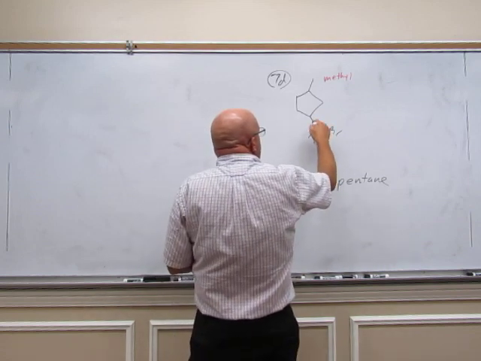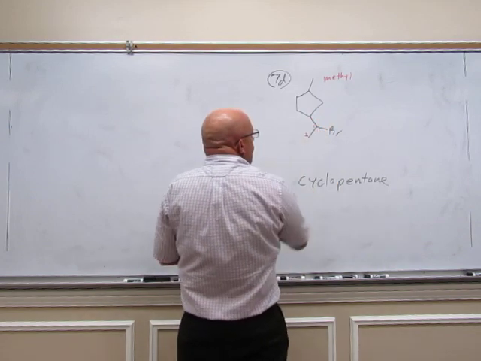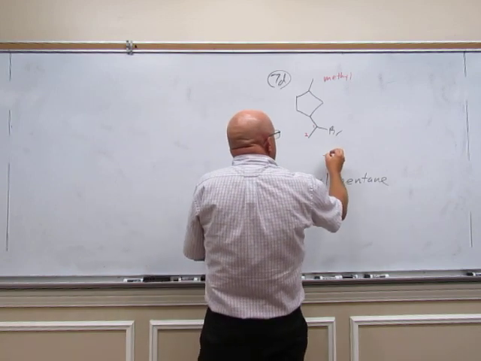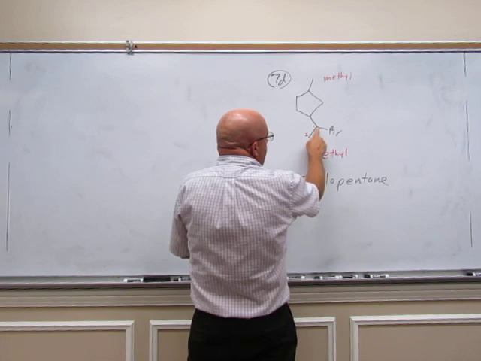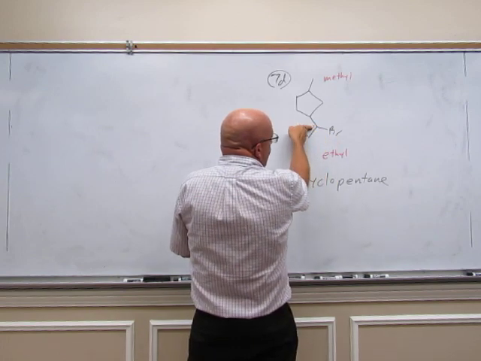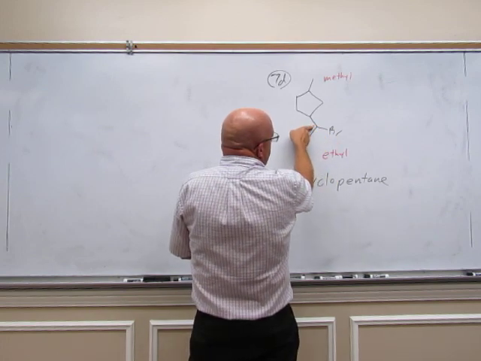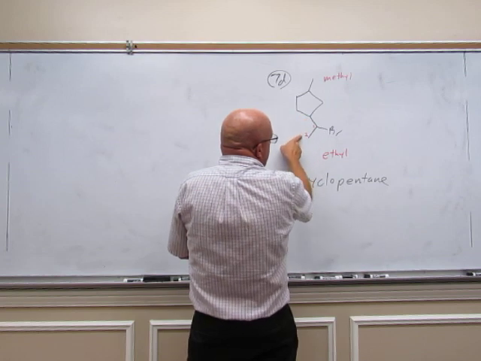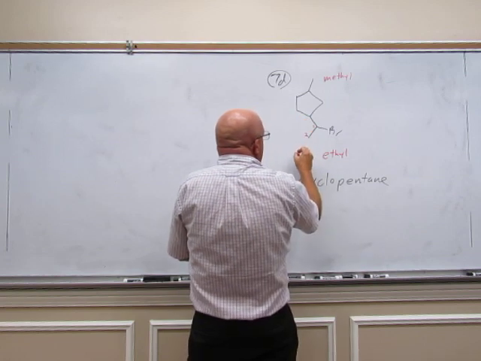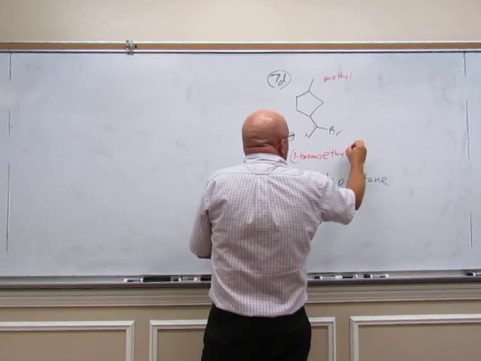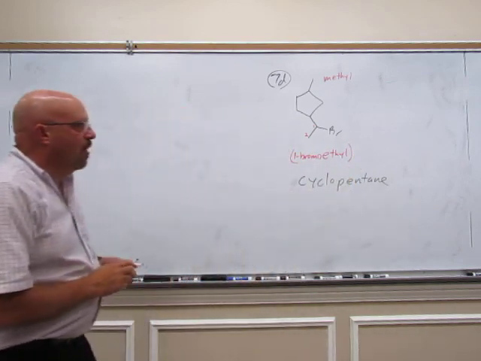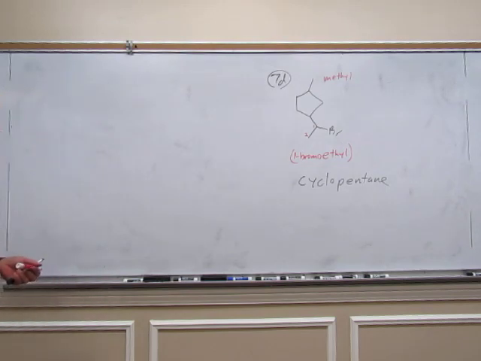Here, there are 2 carbons in that chain. That is an ethyl group. And then off of that ethyl is a bromo. So on carbon number 1 of the ethyl, we start numbering from the carbon connected to the ring there. Off of carbon number 1 is a bromo group. And we're going to put all that in parentheses so we know it's all one group. So it's a 1-bromoethyl group.